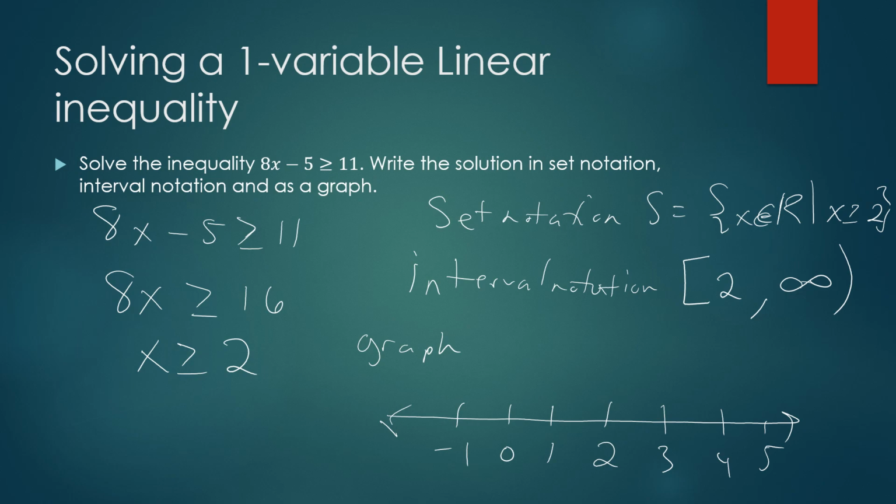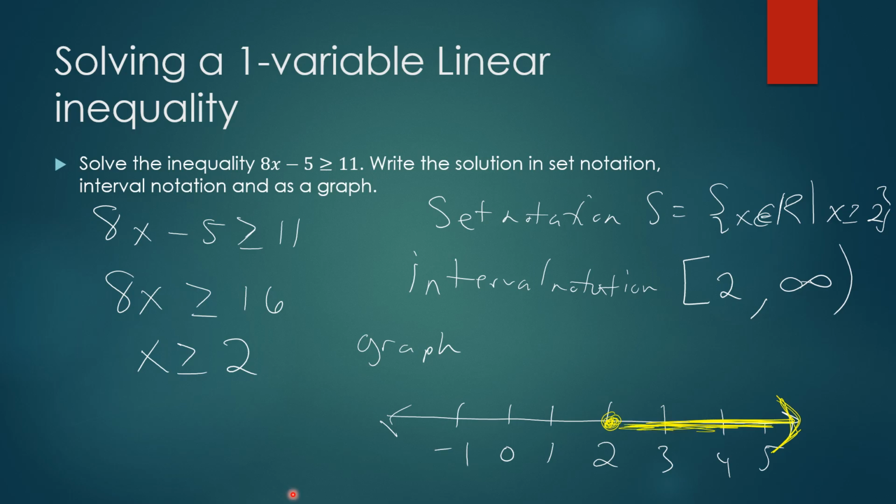Since 2 is my lower bound, I'm going to mark 2, and because it's included, I'm going to create a closed circle. Since we are going greater than, towards infinity, I'm going to draw the line with an extra big arrow. And there's my solution.